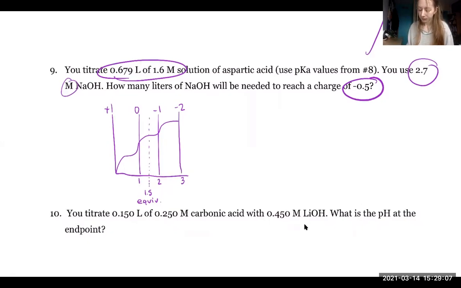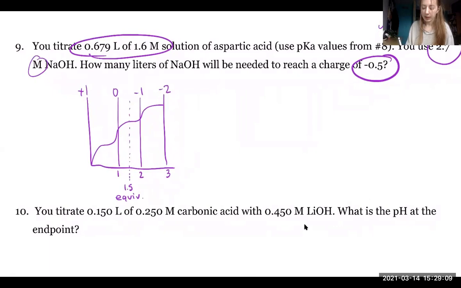Okay. So first thing I'm going to do is find the moles of aspartic acid. So we'll do 0.679 times 1.6.